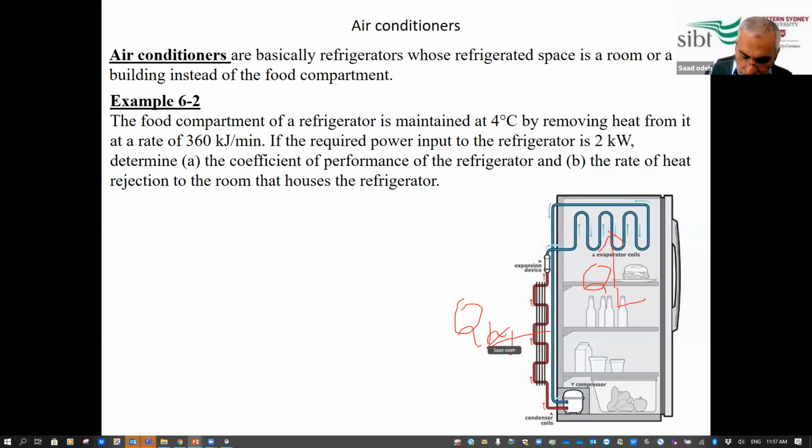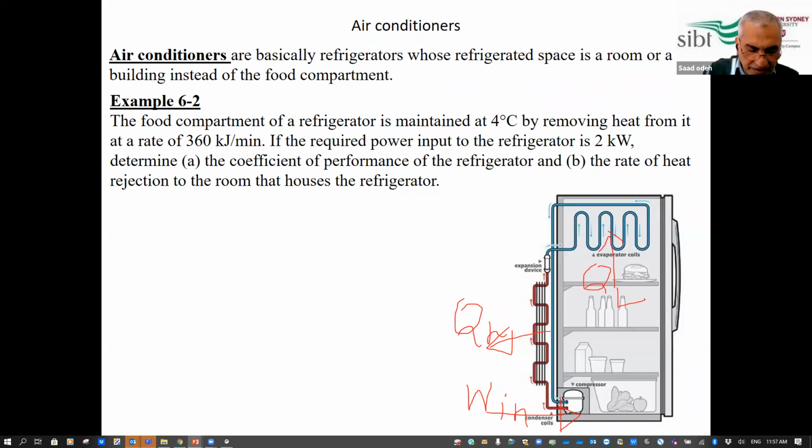And W input is the amount of work required to run the compressor. All right, so these are the three major components of the energy balance in the refrigerator. If you understand these, then it's quite easy for you to solve any problem.